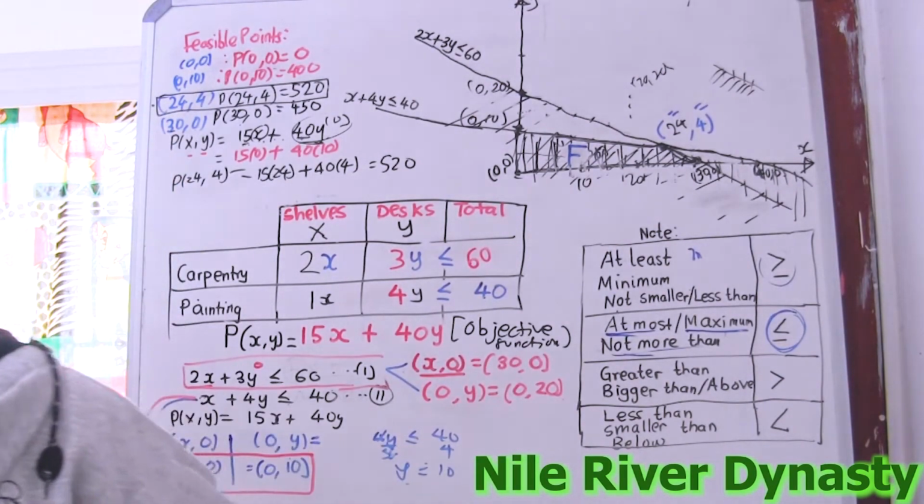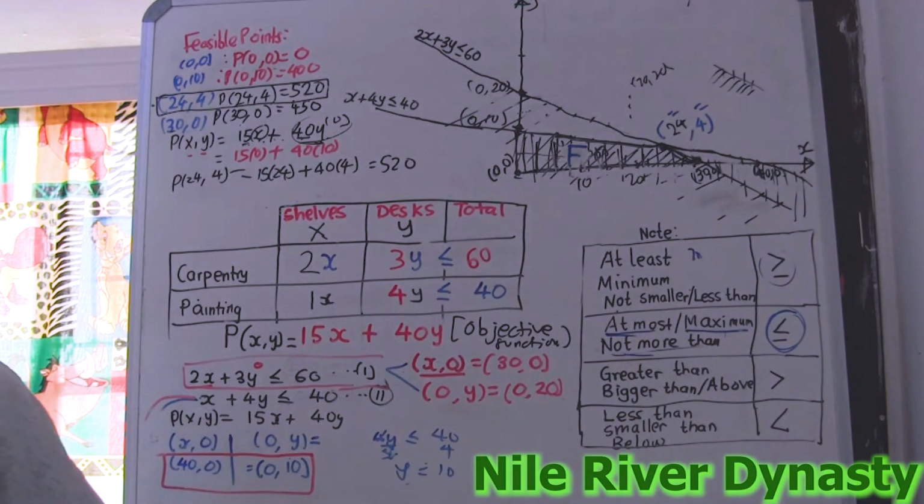Just let me do it one more time. I just want to make sure of something. I feel like I made some silly mistake there. 15 bracket 30 gives 450.